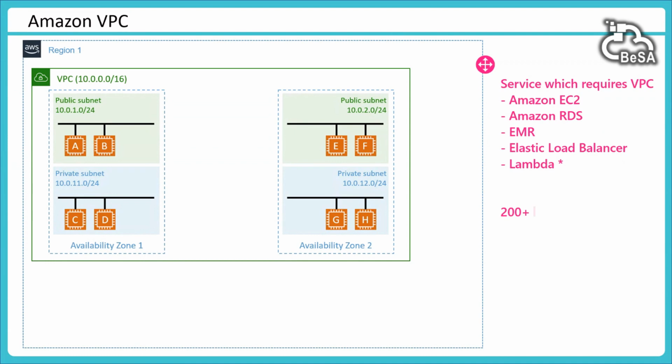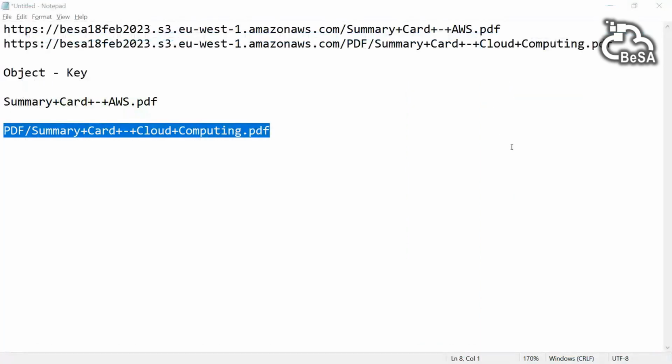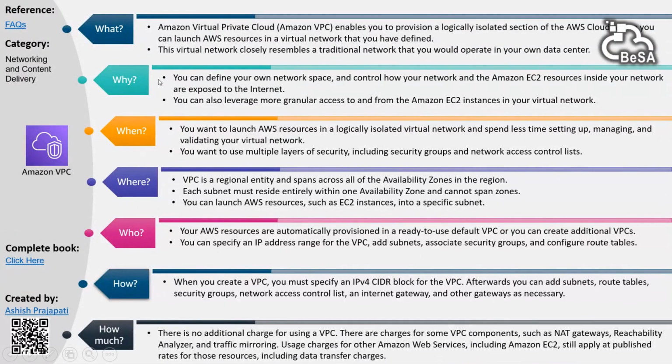In the next topic, we would add more components here, create communication channels between them, and see how all these things work together. You would have access to this slide, and I would also be adding the service summary card of VPC, so you can read a little bit more, but we will expand more of this in the next chapter.